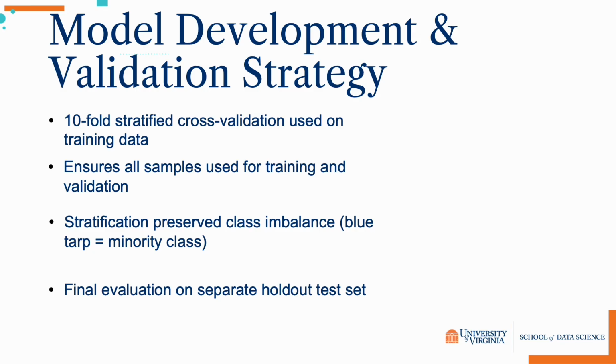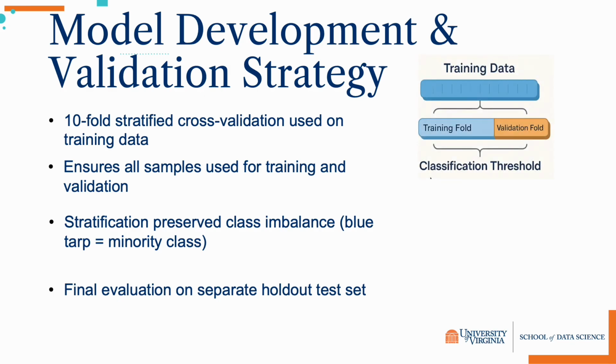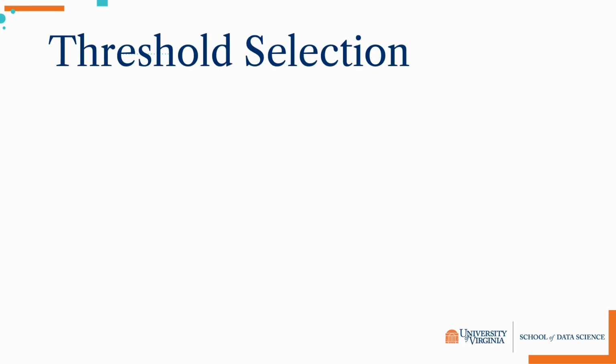After cross-validation, we evaluated final model performance using a holdout test set, which was never seen during training. We also optimized the classification threshold based on the ROC curve and AUC, which I'll explain further in the next slide.